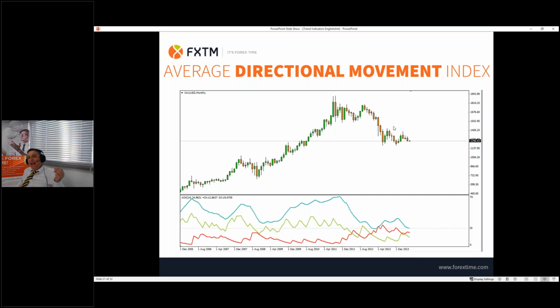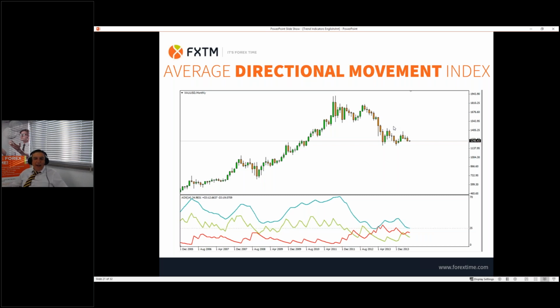Remember, my first slide was about the range, and I said it's very risky to trade the range. And I said, imagine if there was a tool to alert us whether we are in a range or not. And of course, there is such a tool, and it is known by the name ADX.